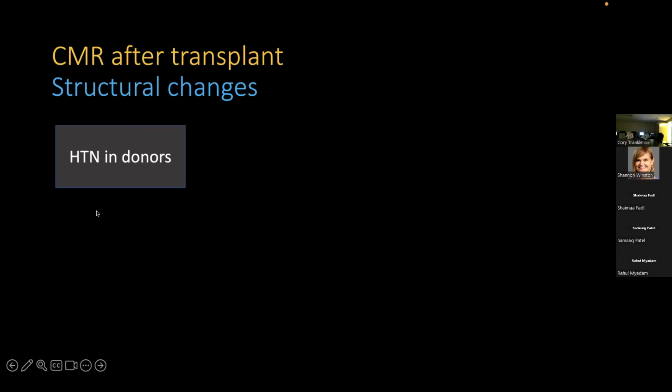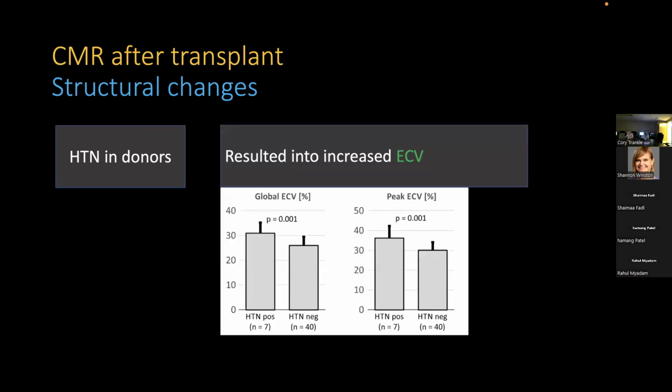If there is hypertension in donors, it will still result in increased ECV values. They found that patients with hypertension have higher values, around 31% plus or minus 4, compared to the hypertension negative, either global ECV or peak ECV.